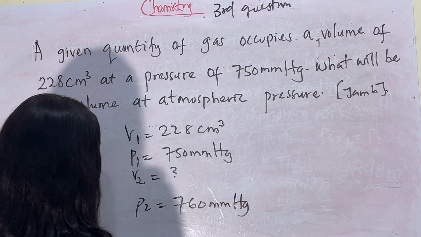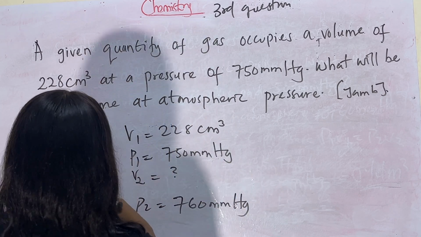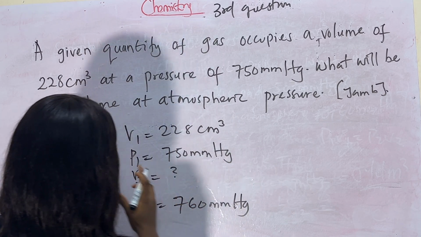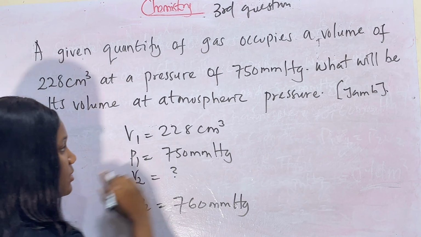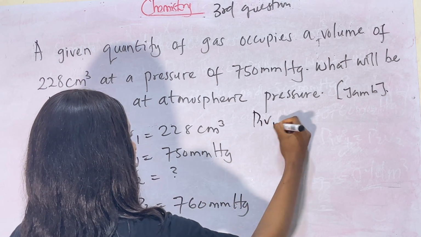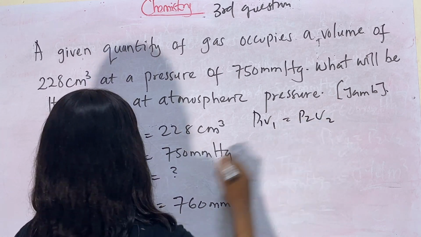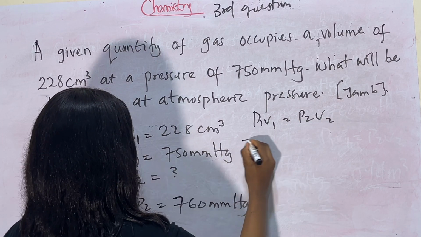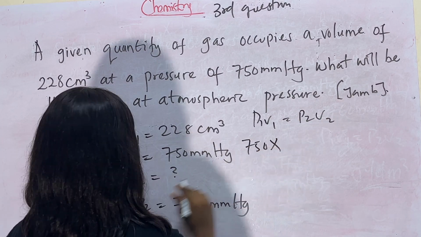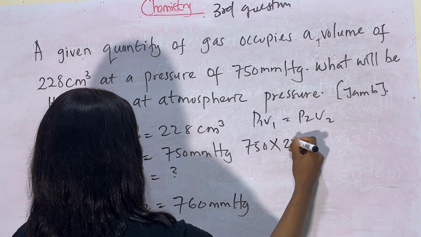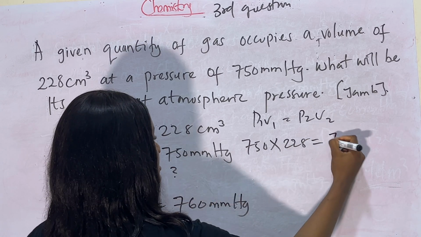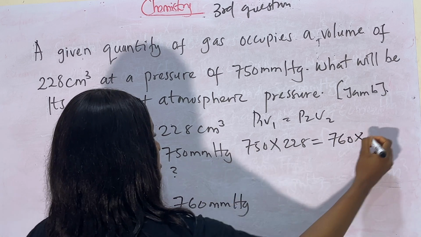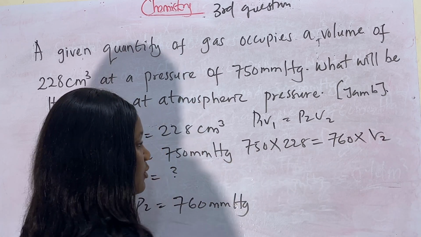All right, so looking at what we have here, we have pressure and volume. This is obviously Boyle's law. So using P1 V1 equal to P2 V2, we have that P1 is 750, V1 is 228, P2 is 760, V2 is our variable, what we are looking for.